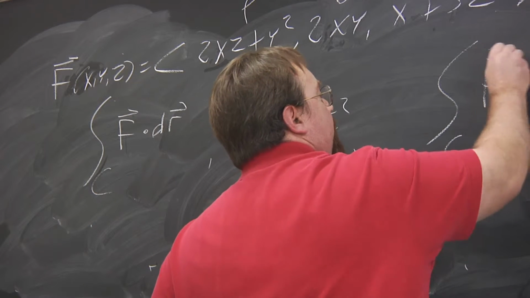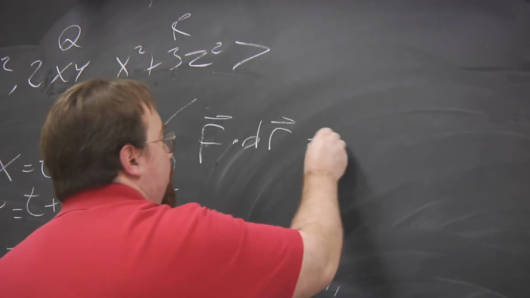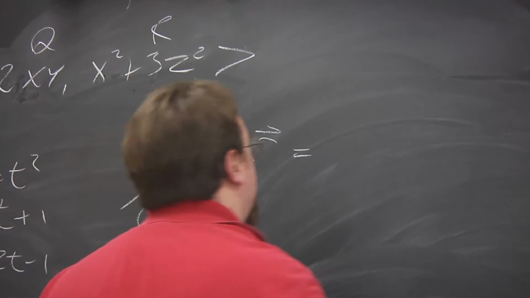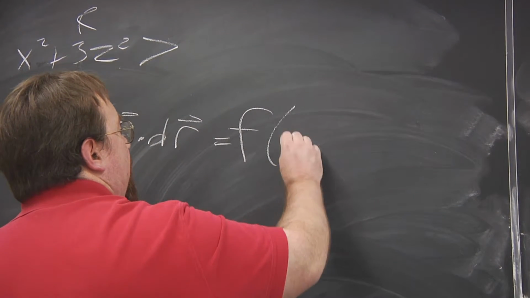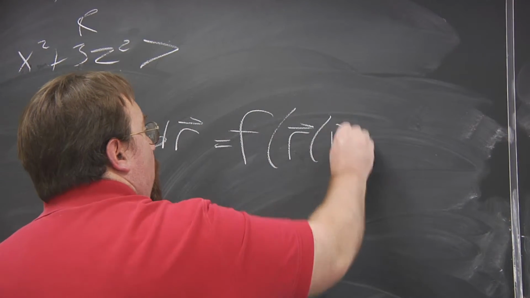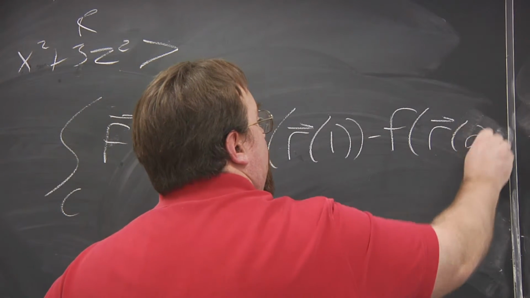Now that you know that f is conservative, and you know exactly what function big F is a gradient of, you can just jump directly to the conclusion from the fundamental theorem of line integrals. It's going to be little f of r of 1 minus f of r of 0.